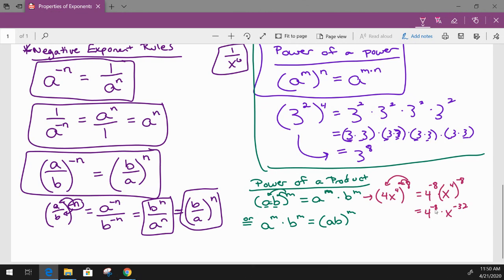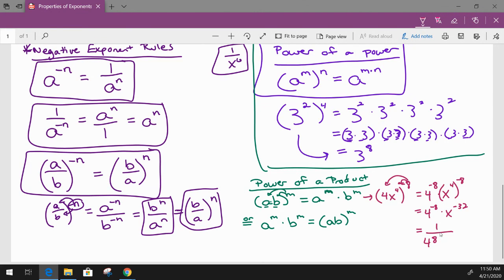And then last but not least, now we're going to apply the negative exponent rule, because when you're simplifying exponents, your simplified answer should not have any negative exponents in it. Since both the 4 and the x have negative exponents, they will both go in the denominator, meaning we have to have a 1 in the numerator.